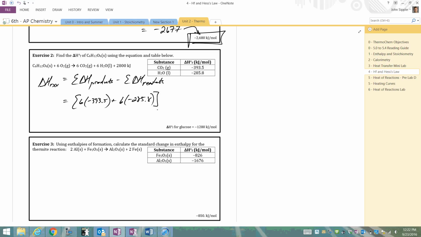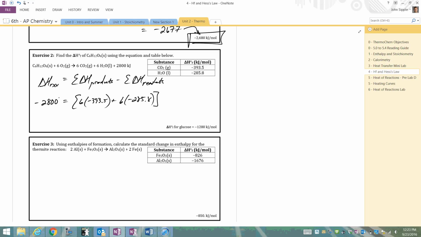So what type of reaction do we have here? Exothermic. So where that goes is right over here. It's a negative 2,880. That's the delta H for the reaction. So if you see energy in there, that's telling you what the delta H of the reaction is. You just got to make sure you got the sign right, whether it's on the reactants or the products.